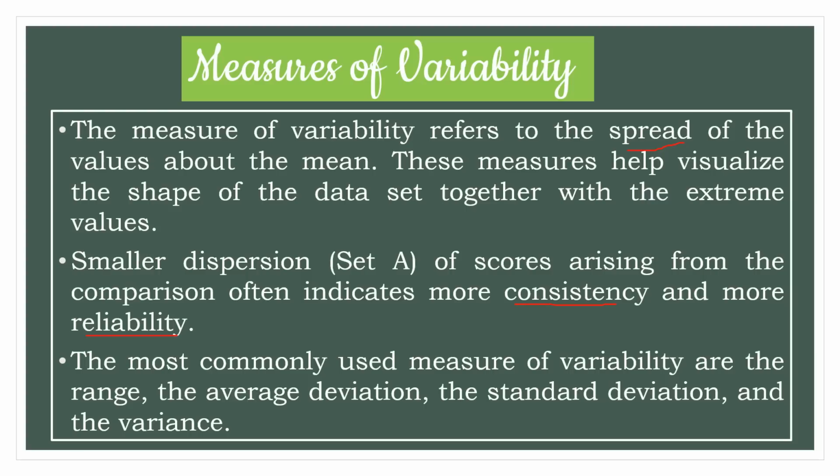The most commonly used measures of variability are the range, the average deviation, the standard deviation, and the variance. So those are four of the subtopics that we are going to discuss today as we solve examples.